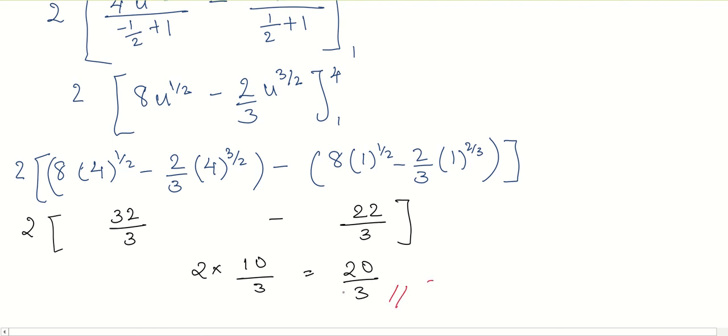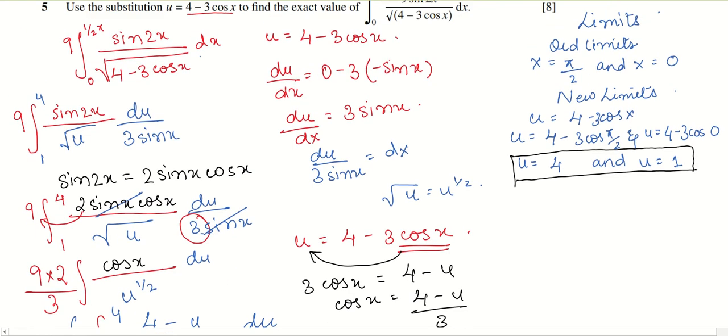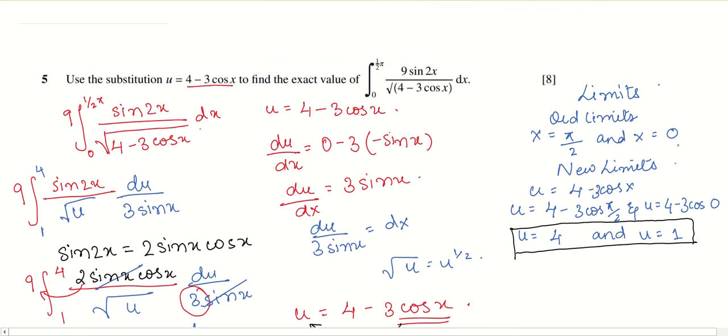For this question, it's worth 8 marks. So if you follow all these steps properly: you have to change the limits, find the new limits, then change the x. Write dx in terms of du. So this is another important step.